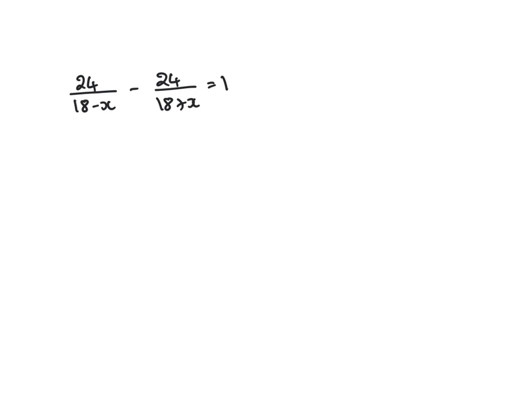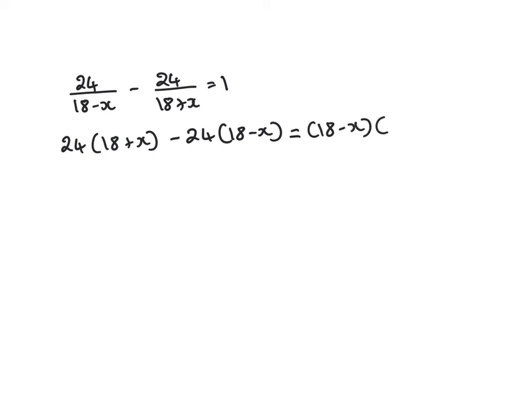When we take the LCM, we are going to get 24 times 18 plus x minus 24 times 18 minus x equal to 1 times 18 minus x times 18 plus x.